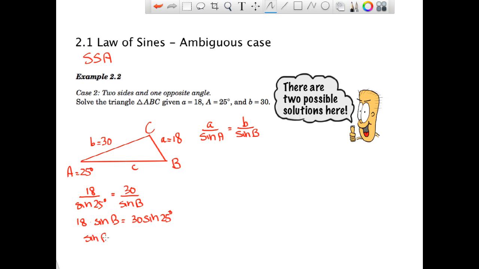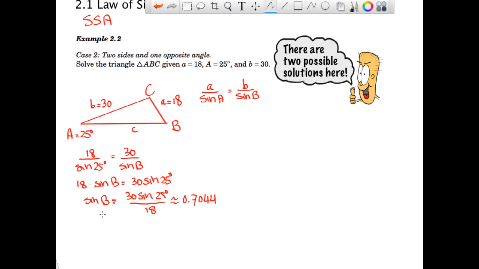So that means that the sine of B is 30 sine 25 degrees divided by 18, which is, I'm going to round this a little bit initially just to take a look at it, 0.7044. Okay. So that's what the sine of B is. So keep in mind that then you would have to take the inverse sine to find the actual angle. So that's the ratio of two sides based on the angle.